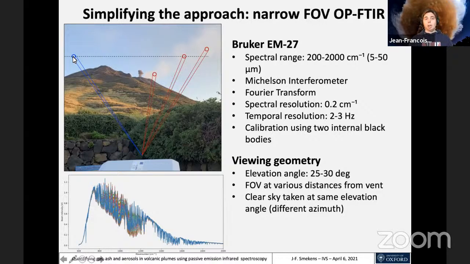And then for each set of measurements, we took a clear sky spectrum to try and get an idea of what the radiance at the sensor would be outside of a plume. And so what we've realized is that it's very important to keep this clear sky at the same elevation angle, but pointing it in different directions.